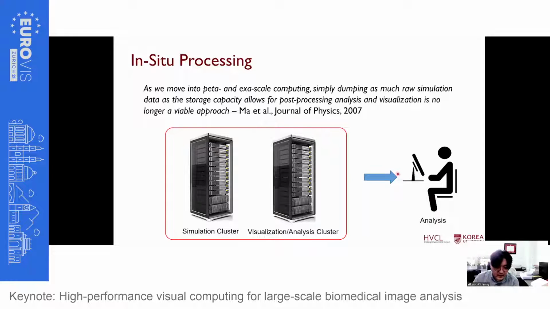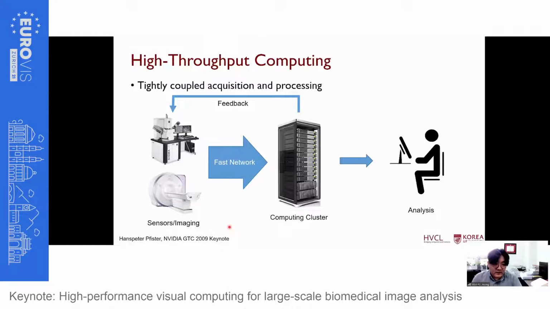So this bottleneck is very, very small. So this is one idea. And there's another idea, which is very similar and shares the same idea. Hanspeter Pfister at Harvard University gave a keynote speech at the NVIDIA GTC, and he also mentioned so-called high throughput computing.